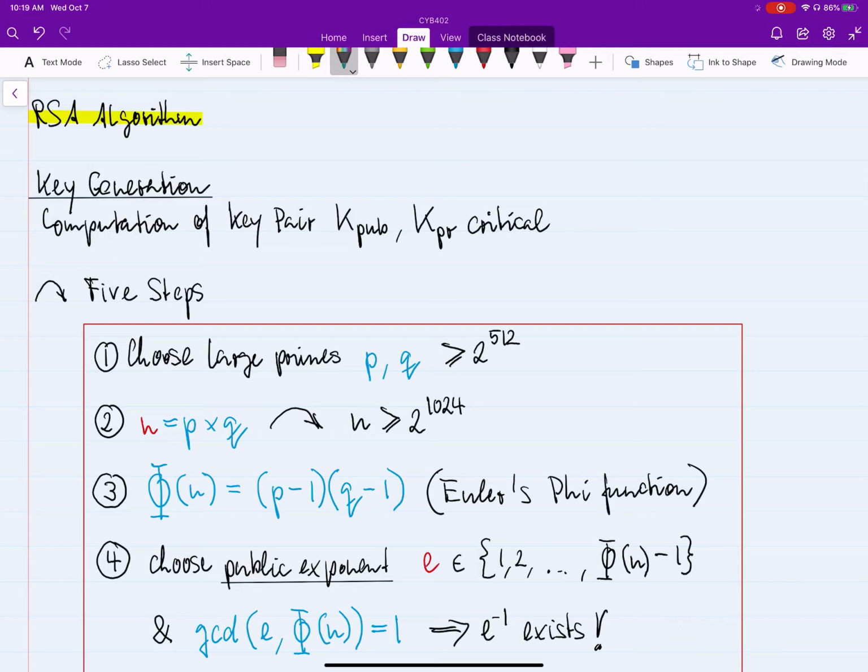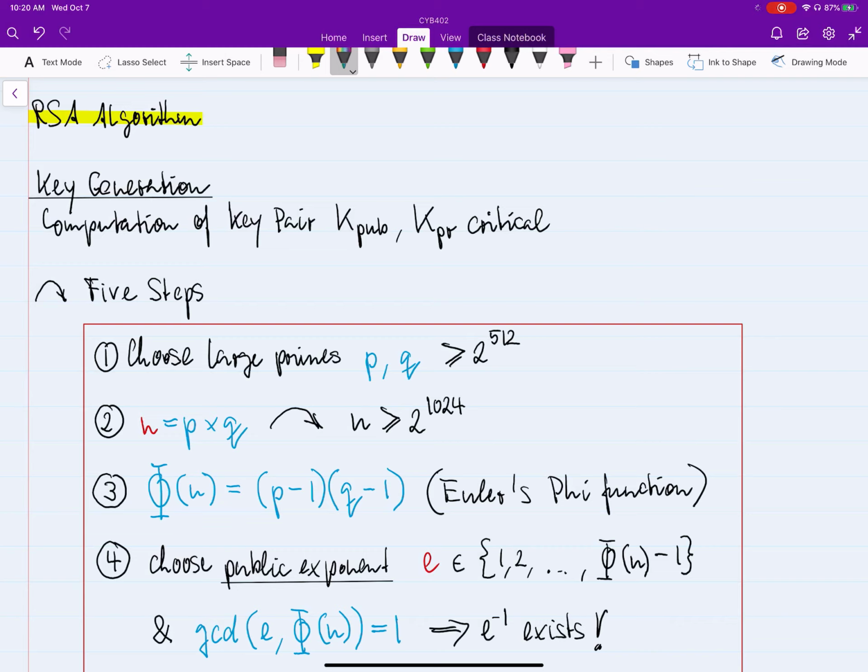So let's talk about the RSA algorithm itself. When you work with symmetric key crypto systems, all you really need to do in the setup is to create a random number, which is going to serve as the symmetric key. And the random number needs to be sufficiently large, of course, like 128 bits for AES in the usual case. Here with RSA, it's different.